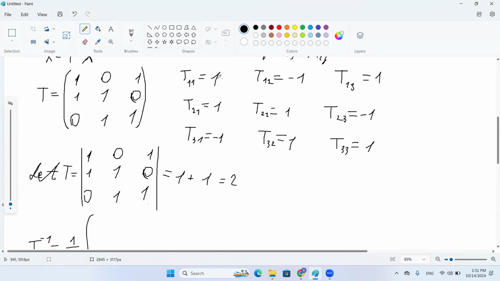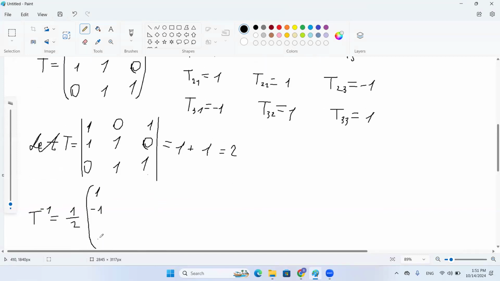So this row will become the first column: 1, -1, and 1. And this is the second column: 1, 1, -1.